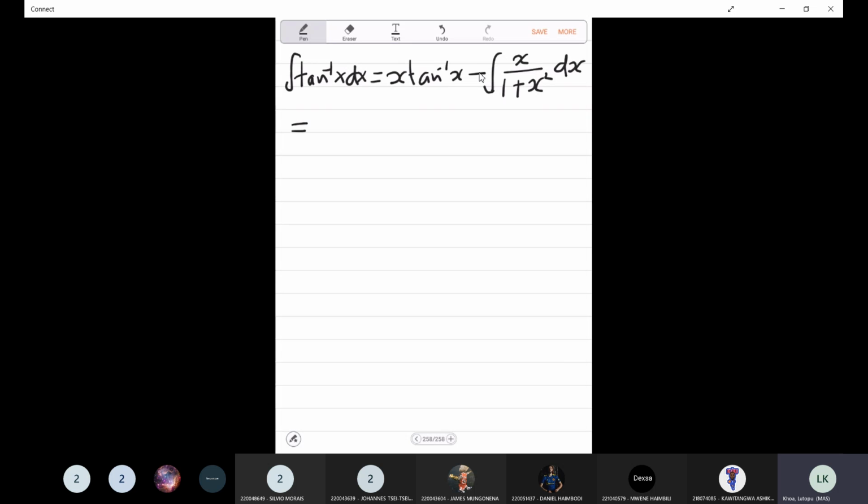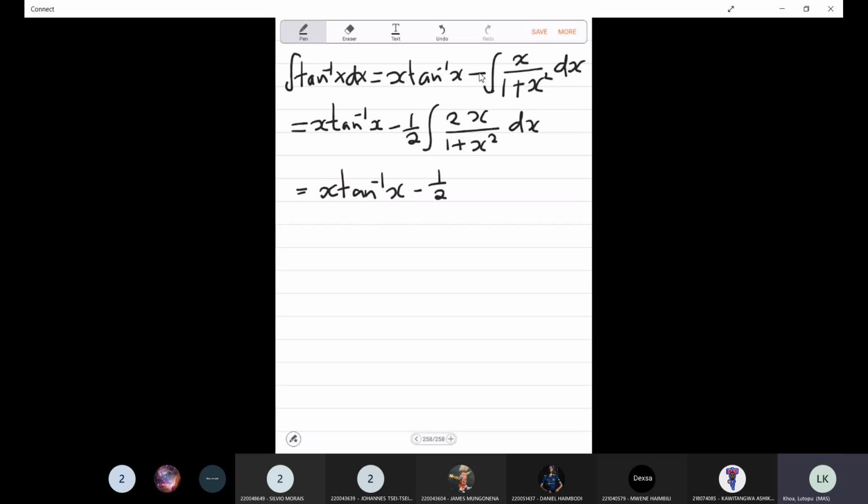So this is x tan inverse of x minus a half, the integral of 2x over 1 plus x squared dx, which is x tan inverse of x minus a half.